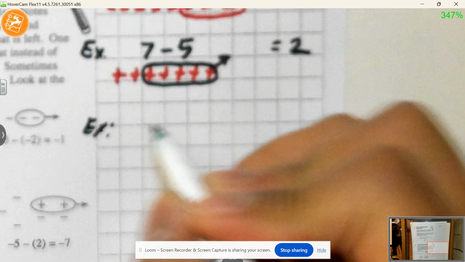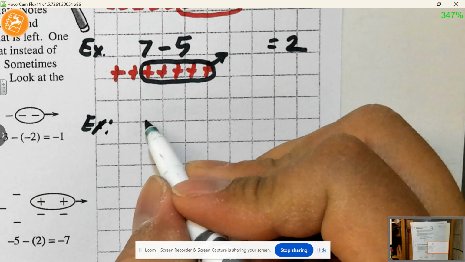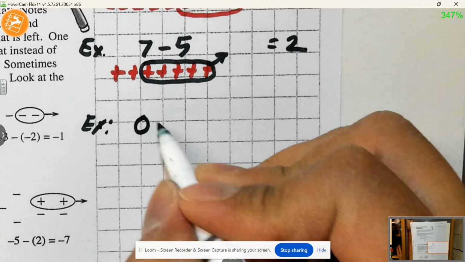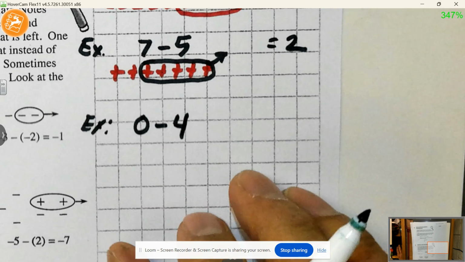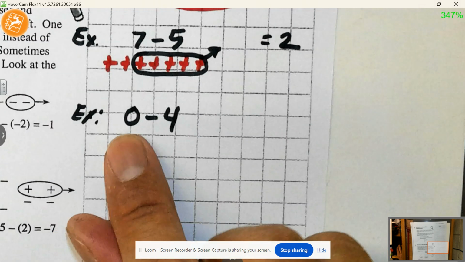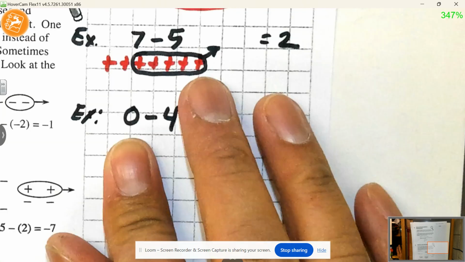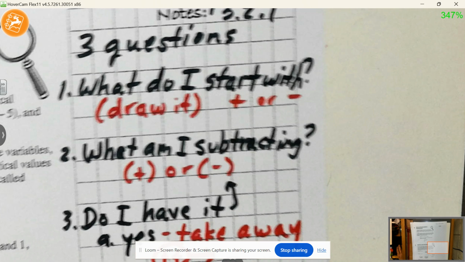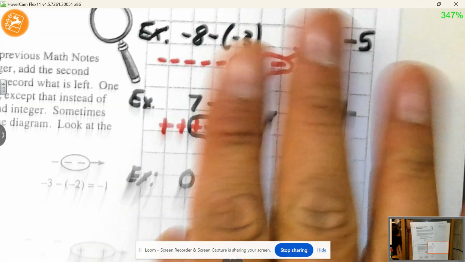All right. Next one, example 3. And here's where we get to that third question. 0 minus 4. Okay, how am I going to show 0 minus 4? We are starting with 0. So according to that first question, I'm going to draw 0.